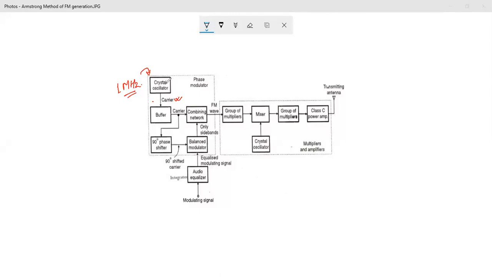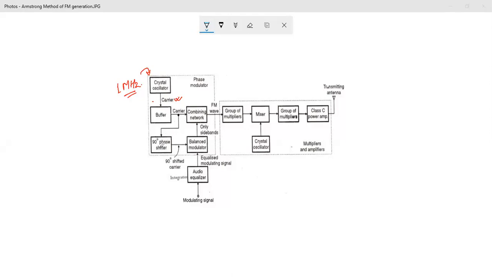The crystal oscillator is generating the carrier, and it is passed through a buffer. The buffer is just storing the signal obtained here, and this carrier signal is passed through a 90-degree phase shifter. We have seen this earlier also.